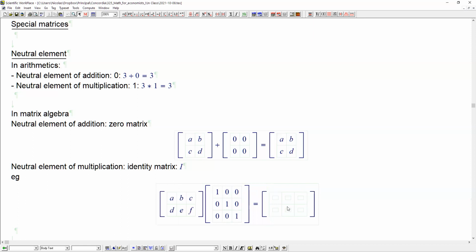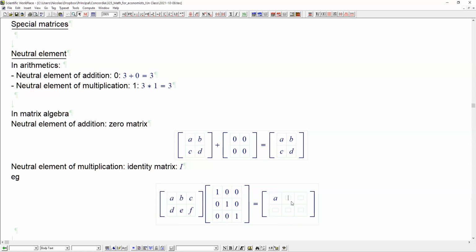And yeah, so let's just do the first element there. So I have A times 1 plus B times 0 plus C times 0. So that's A. Then second element, I have A times 0 plus B times 1 plus C times 0.